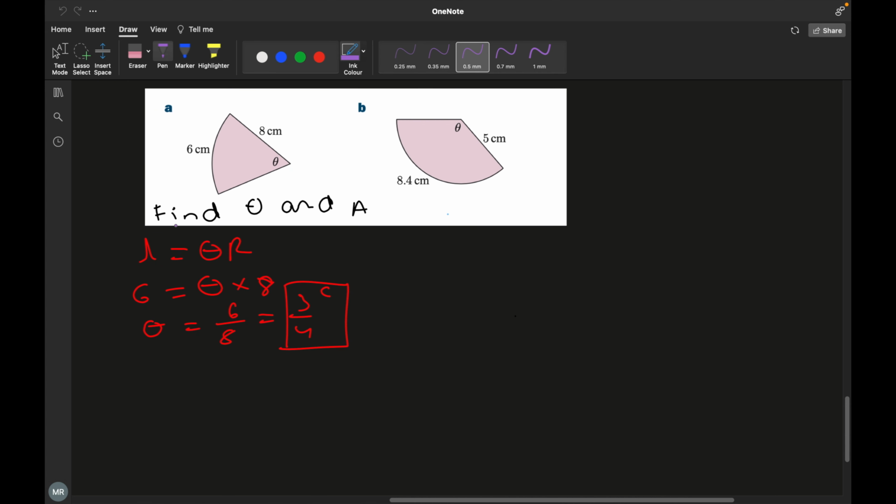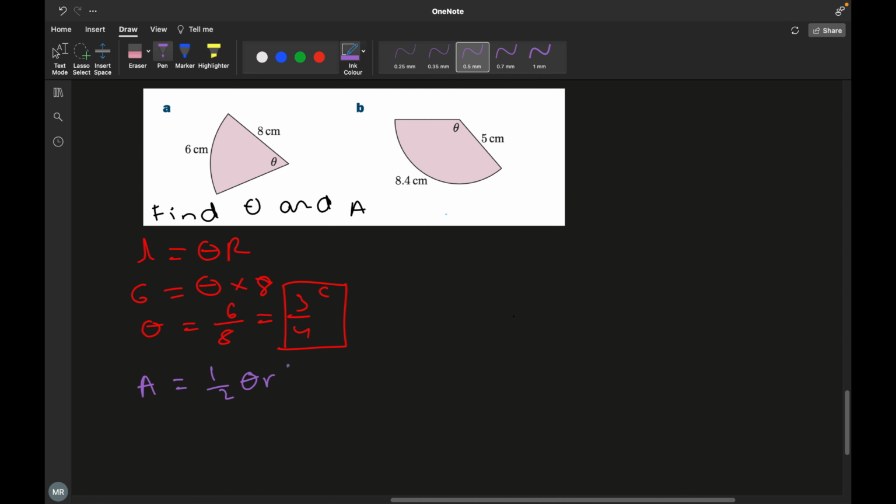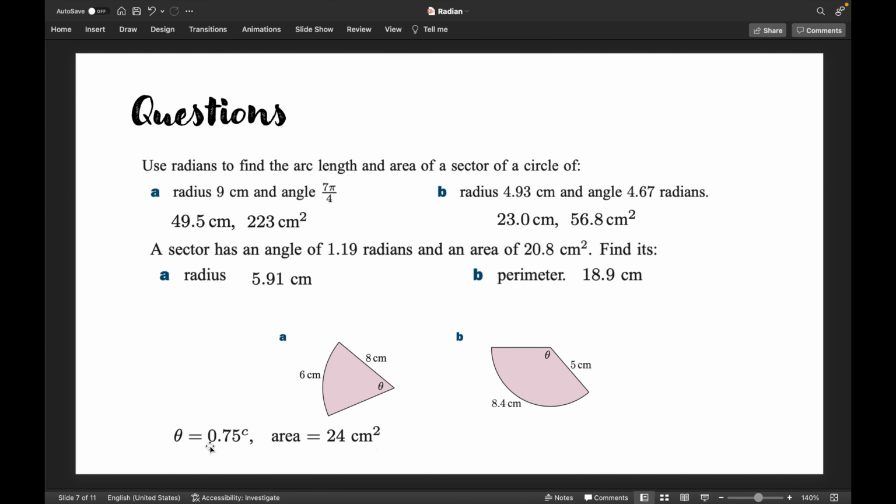Now let's use the area formula, which is half theta r squared. We know that theta is 3 by 4 and r is 8, so 8 squared. This gets cancelled, so this is just 3 into 8, which is 24 cm squared. Now let's see the answer. Yes, so 3 by 4 and 24.